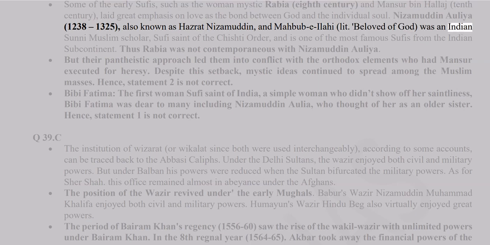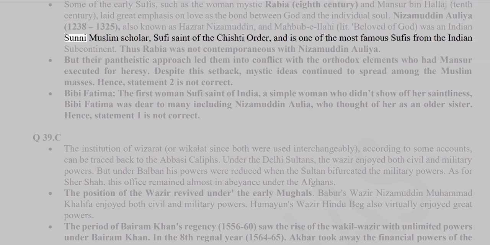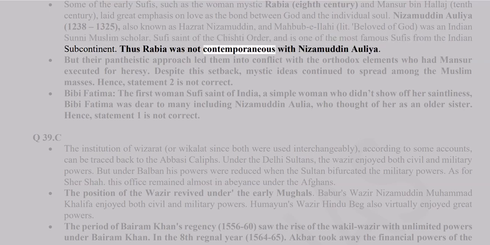Beloved of God, was an Indian Sunni Muslim scholar, Sufi saint of the Chishti order, and is one of the most famous Sufis from the Indian subcontinent. Thus Rabia was not contemporaneous with Nizamuddin Aulia.